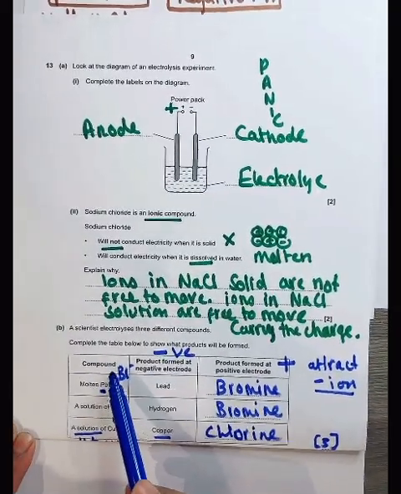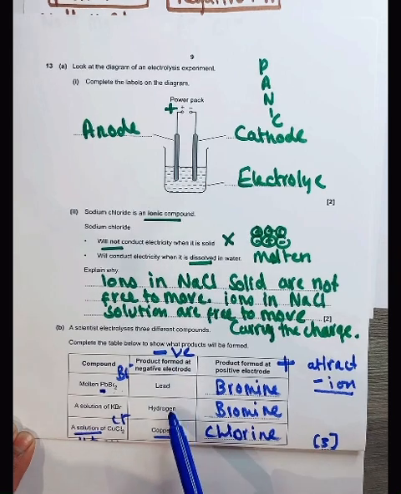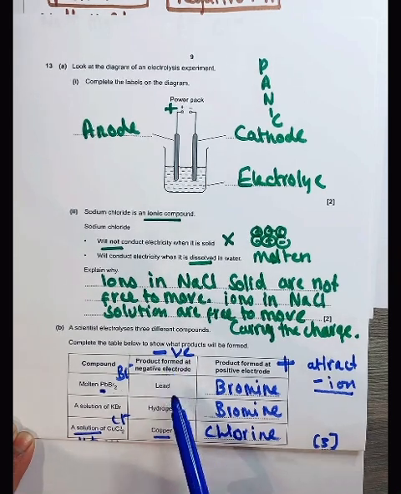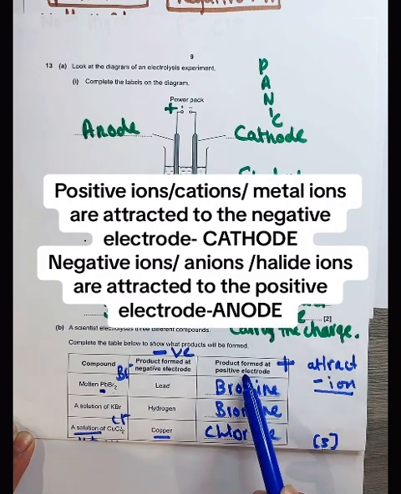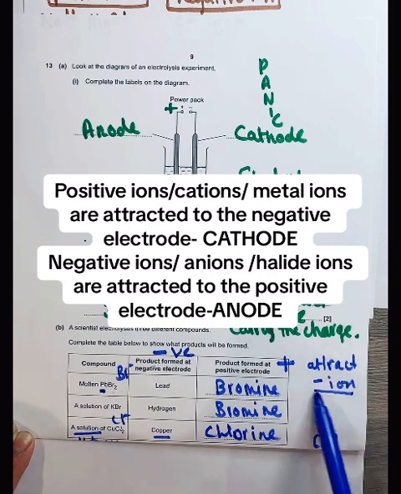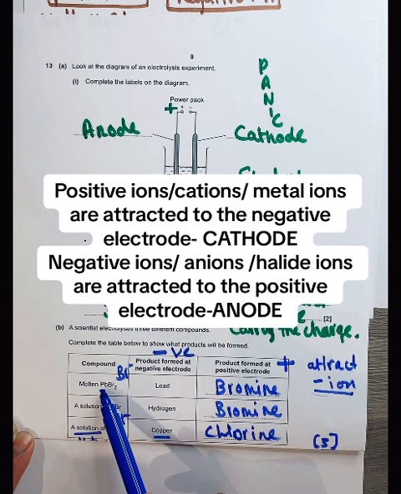This last question here, you have been given some ionic compounds. They have told you the product forming at the negative electrode. So if it's a negative electrode, it attracts the positive ions. You need to state the product formed at the positive electrode. Now here is your thinking. If it's a positive electrode, it attracts the negative ions. Now look at your formula.